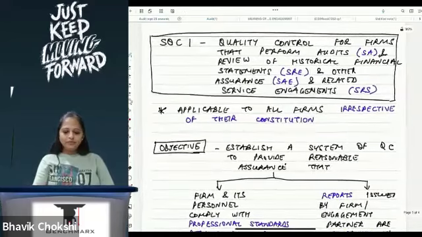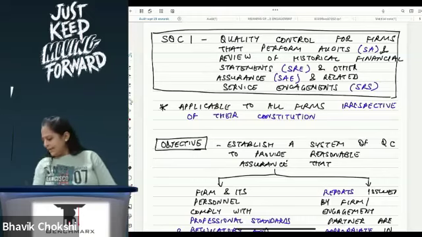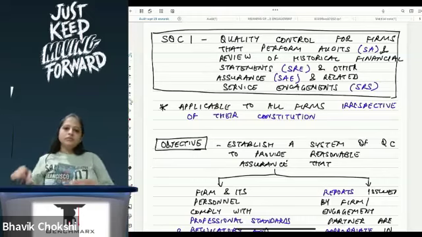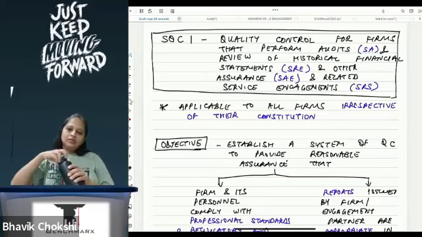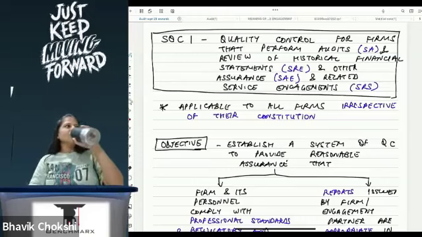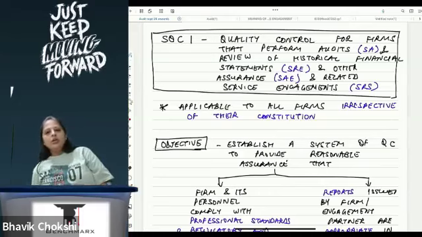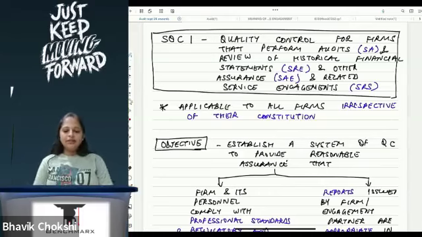SQC1 dash quality control for firms, quality control for firms that perform audits, in brackets with a different color pen write down SA, and with the normal pen, review of historical financial statements.